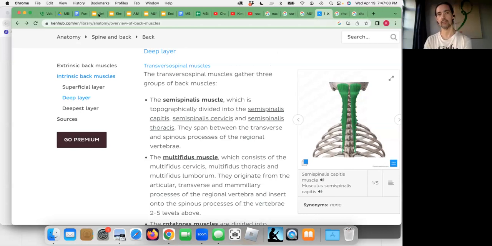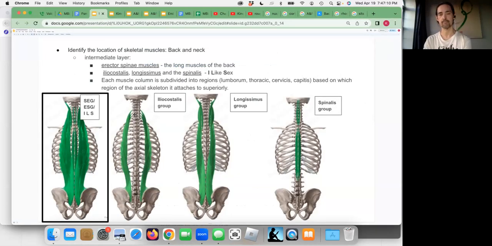If we go back to your lecture notes, they're broken up kind of nicely here. So you have the iliocostalis group, and then the longissimus group, and then the spinalis group.